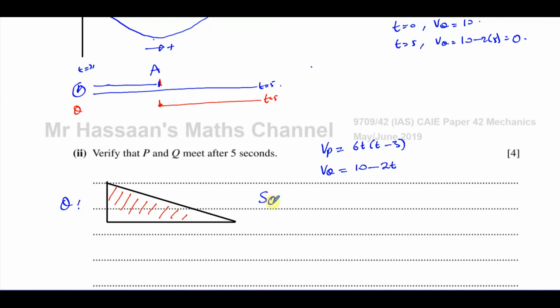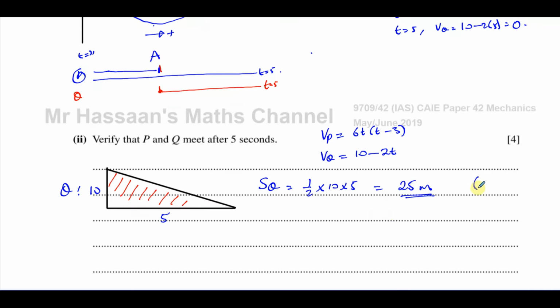It's going to be a half times the base, which is 5 seconds, times the velocity of 10 at the beginning. So a half times 10 times 5 gives 5 times 5, which is 25 meters. That's the displacement of Q after 5 seconds, when t equals 5.